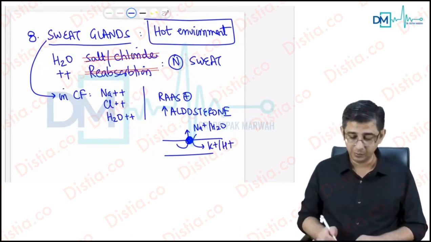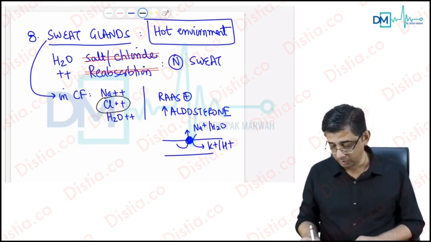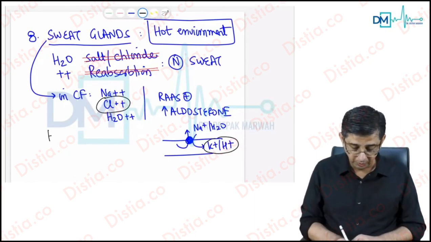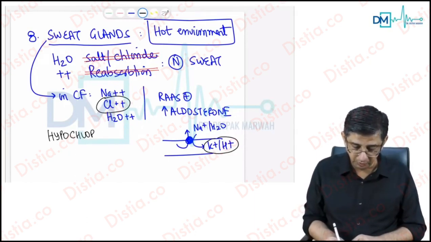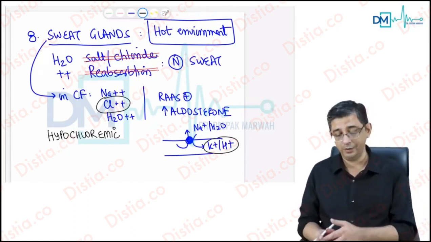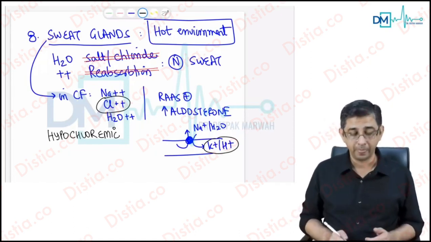Therefore, what you can see in these patients is, one, they are losing chloride in the sweat, and they are losing potassium and hydrogen in the urine. So the manifestation that is written in the multiple choice question will be written as hypochloremic. Why hypochloremic? Because there is more chloride content in the sweat. It is not reabsorbed like a normal one. The CFTR in the sweat gland is malfunctioning.